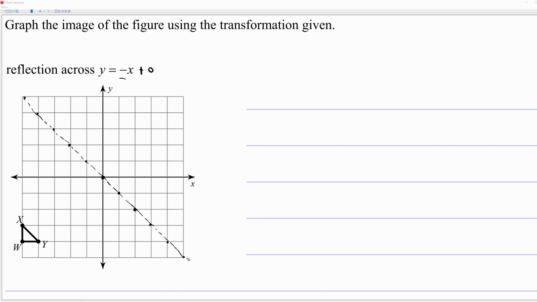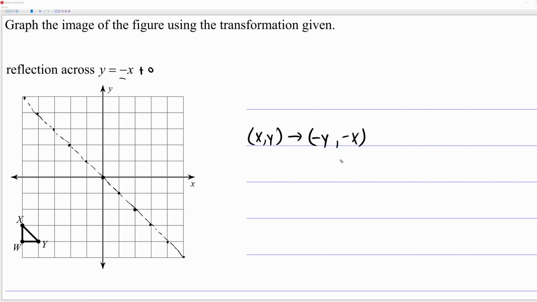And one thing that you do have to know about this reflection, again, without going into the details, the point x comma y will get reflected to, you have to do two things. First, you interchange the two numbers. And then you change their sign.